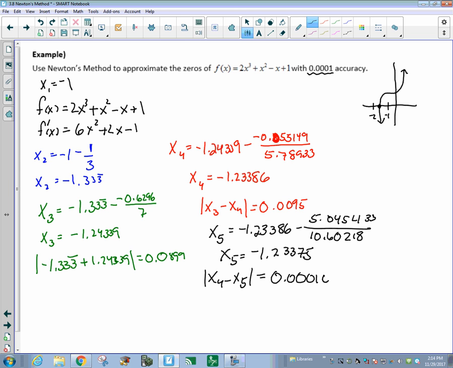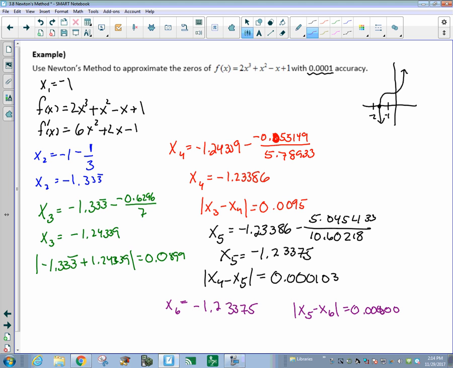It's close, but we'd have to go one more step, and I'm not going to calculate x sub 6 for you on the slide here. I've calculated it, and so x sub 6 gives me this. And if I do the absolute value of x sub 5 minus x sub 6, then I would end up with this decimal, and this one is clearly accurate enough for us.